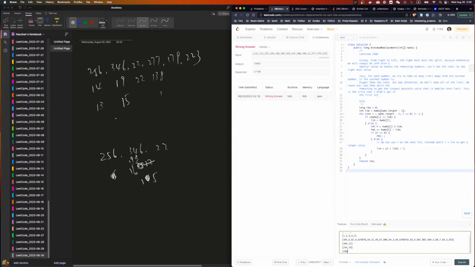Two 56, 16. I think these are only two possibilities. It's a 13. Right? It's a 13 and it's a 15. Which, this is a 15, this is 13, that's correct.